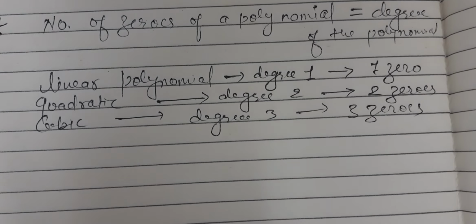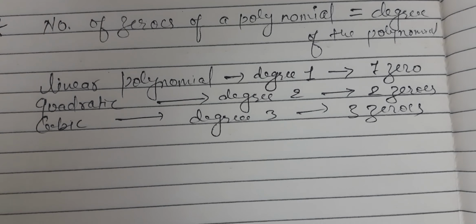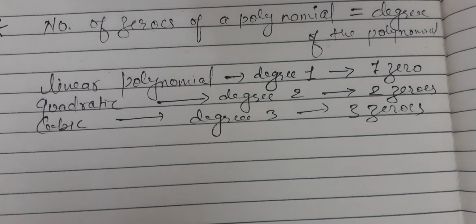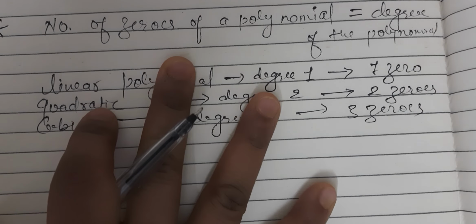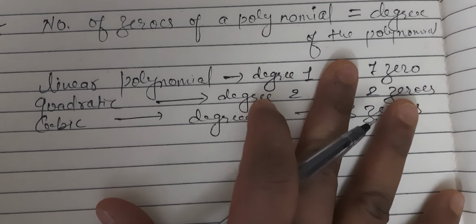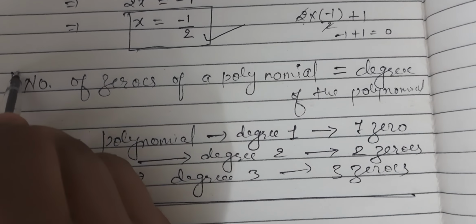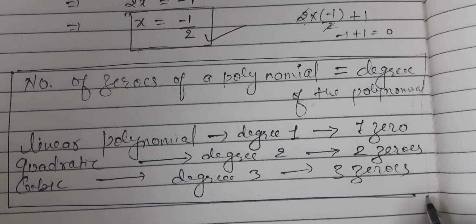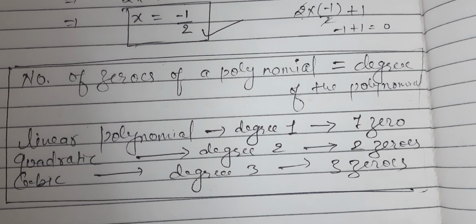Suppose we have a polynomial whose highest power is 24, then there are 24 zeros of that polynomial. Very important result: the number of zeros of a polynomial is equal to the degree of the polynomial.